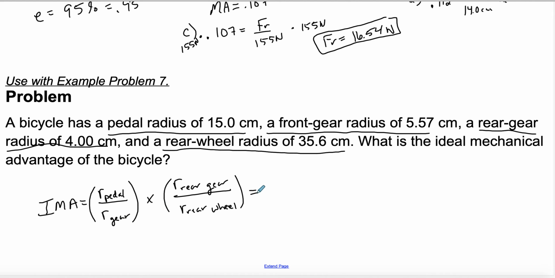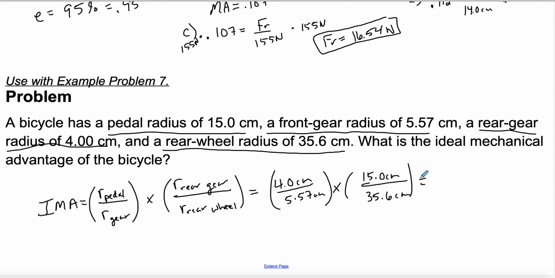Now, sometimes it might be better to organize it where you have the gears together, then the pedal and the wheel together. So we would have the rear gear over the front gear. Our rear gear is 4.0 centimeters, and the front gear is 5.57 centimeters. And then we have our pedals and wheels: pedal is 15 centimeters, and the wheel is 35.6 centimeters.